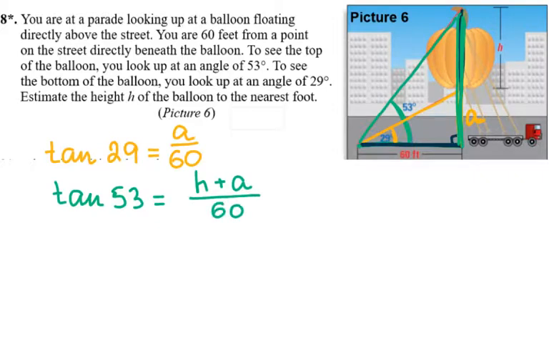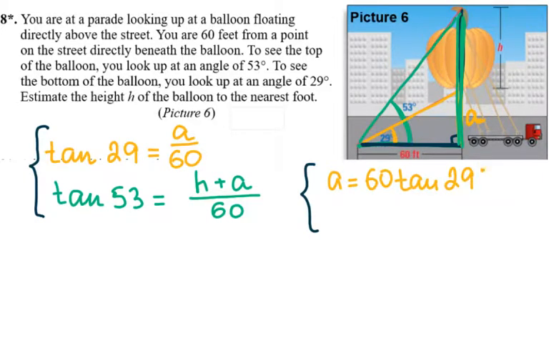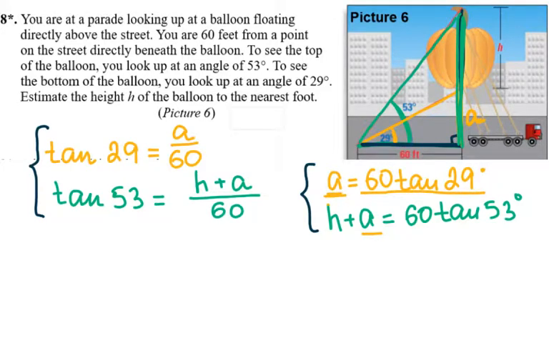Then I'm going to multiply both sides of these equations by 60. So from one equation, A is equal to 60 tangent 29, and h plus A is equal to 60 tangent 53. And then I'm going to plug my A into the equation. So I'm going to plug in this part instead of A, because A is equal to that.